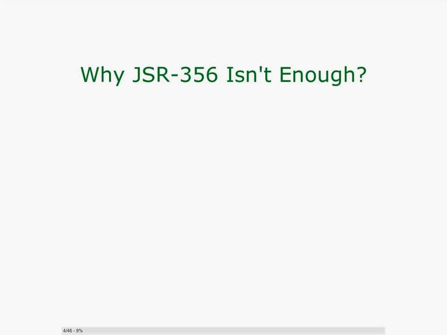Rather than going into the details of the JSR 356 API and explaining the mechanics of the API, we are going to dive right into the heart of the matter and explain why JSR 356 alone is not sufficient.